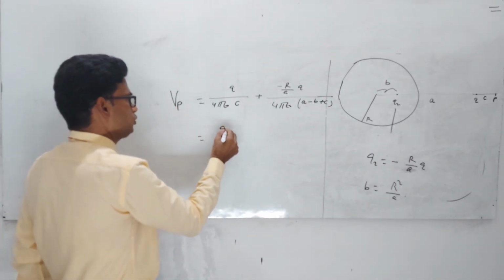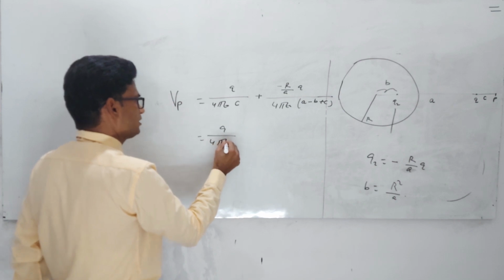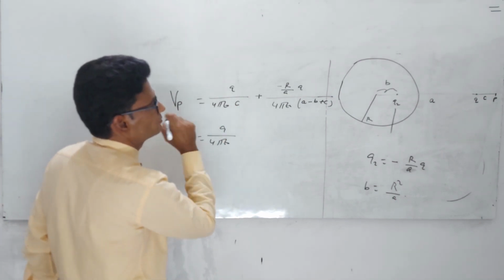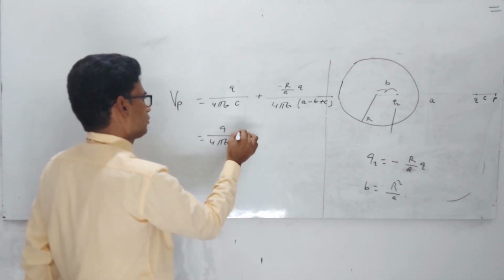Look at now. Here Q over 4 pi epsilon naught, take it out common.